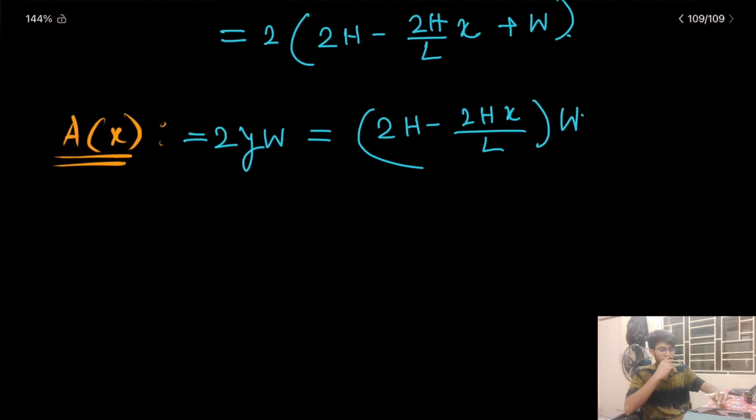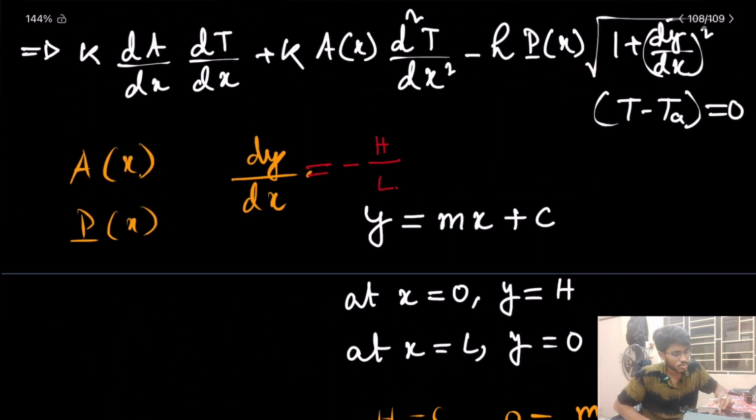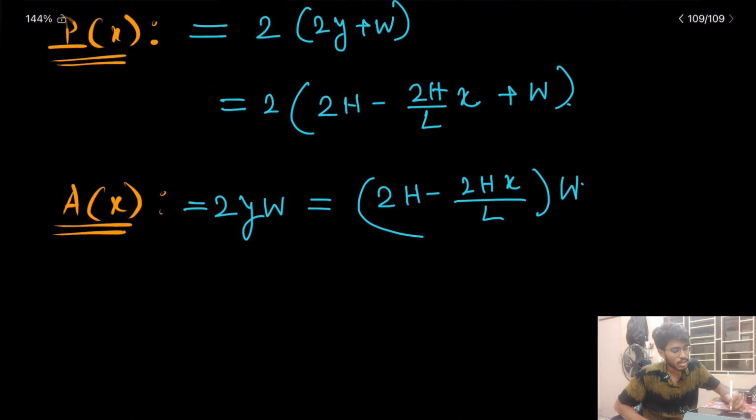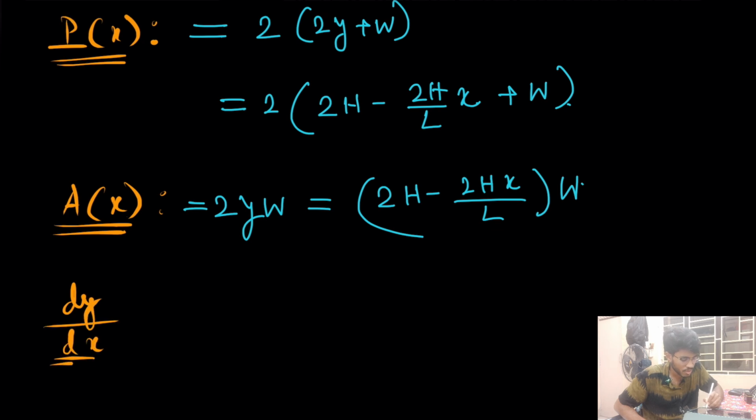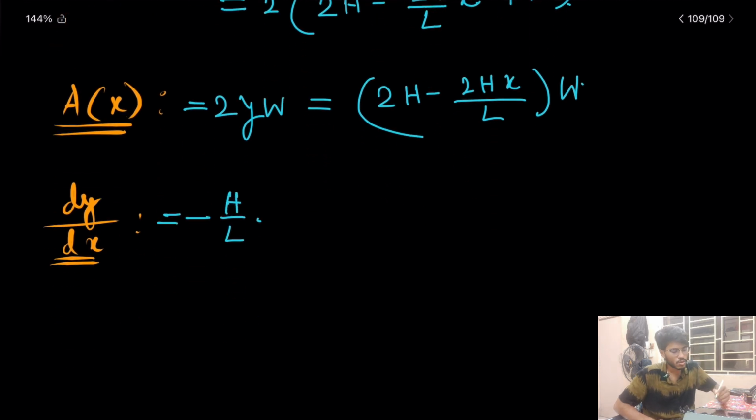So if that condition is valid, so let me write here the dy/dx also. Okay, that is your minus H by L. Okay, so the condition is, that is my H comma w is much less than L.